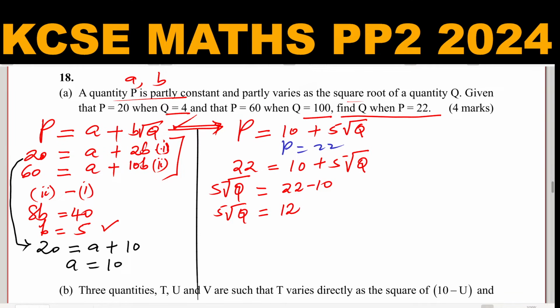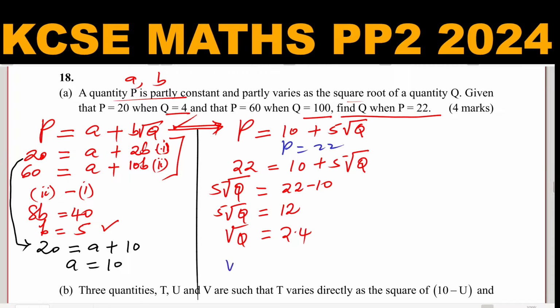So again, you can divide all through by 5. So root of Q is equal to 12 divided by 5. If you divide both sides by 5, this will give 2.4. So you have root of Q. You want to eliminate that root sign.